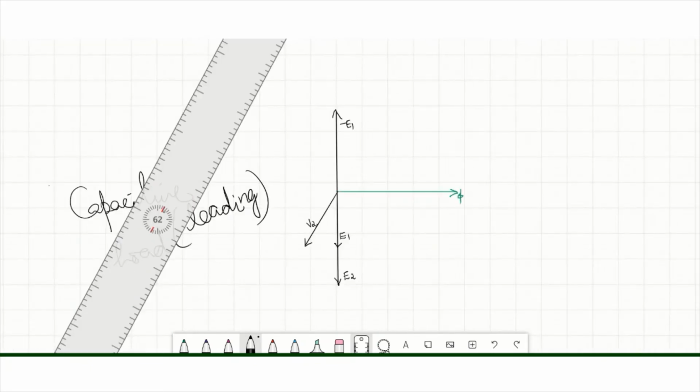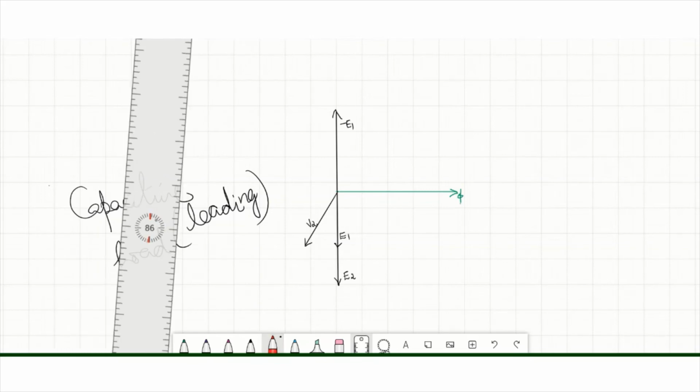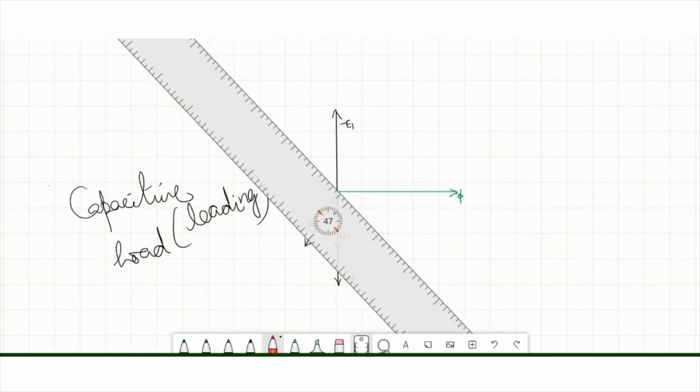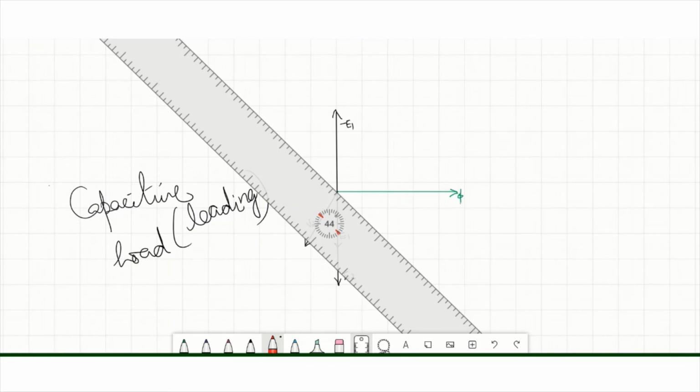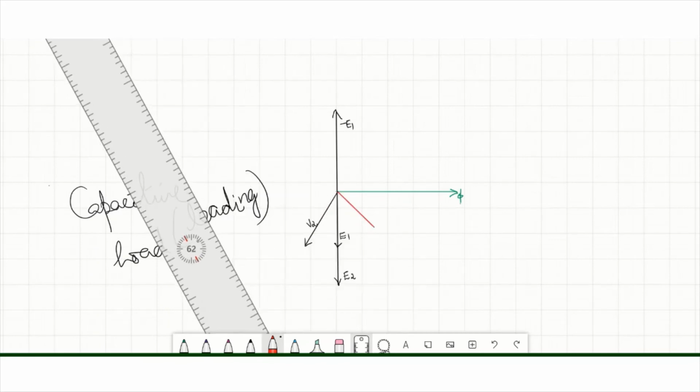Flux phi in x-axis. E1, E2, minus E1 and V2 are drawn like in the previous cases. Now we have to draw I2. Here we are having capacitive load or leading power factor load, which means the current I2 should lead V2. So I2 will come like this.